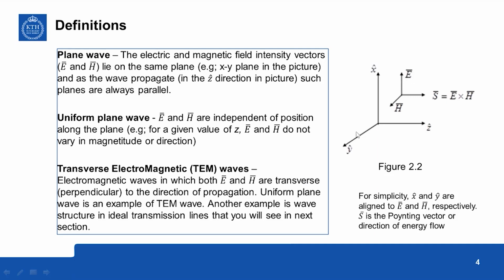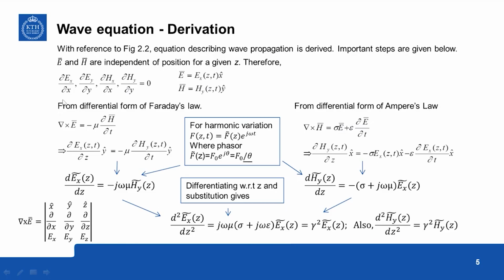Now, just from this figure, we can derive some properties for the electric and magnetic field vectors. For example, E and H vectors do not have any component in the direction of propagation, and they do not vary with respect to x or y because it is uniform. Now we write these properties as equations in the next slide.